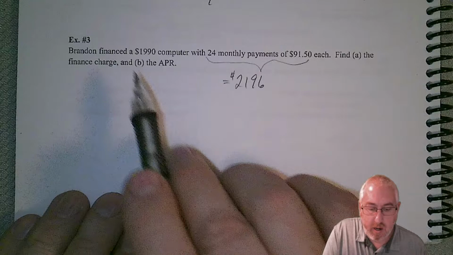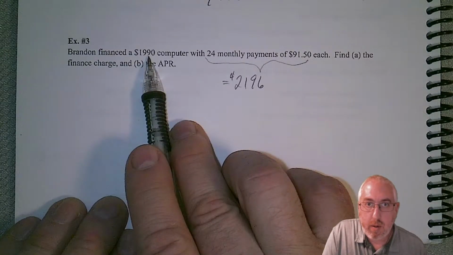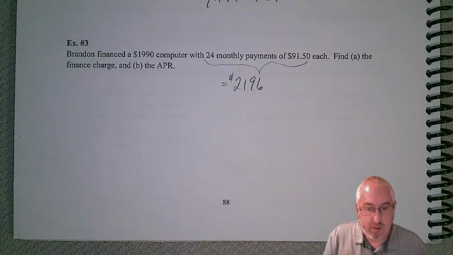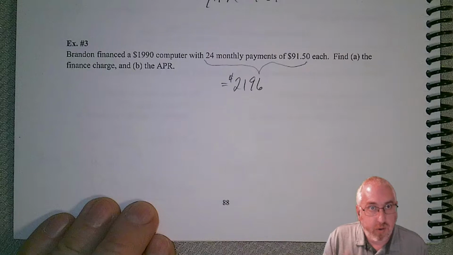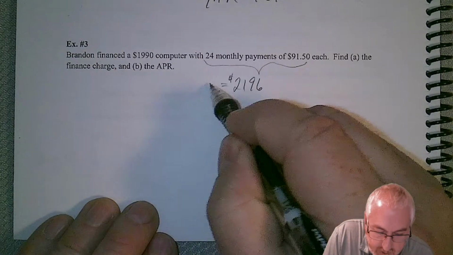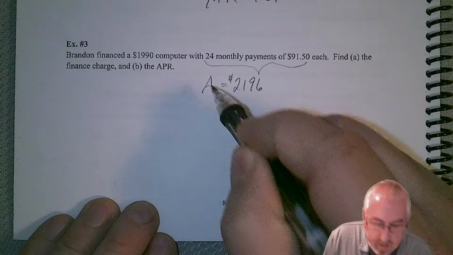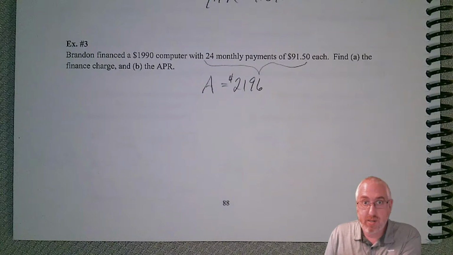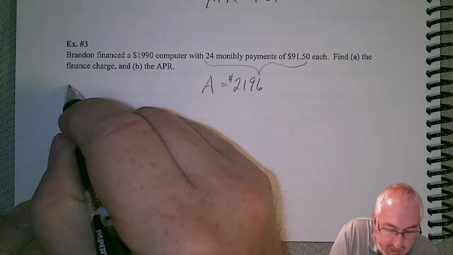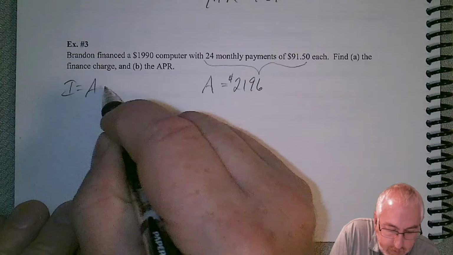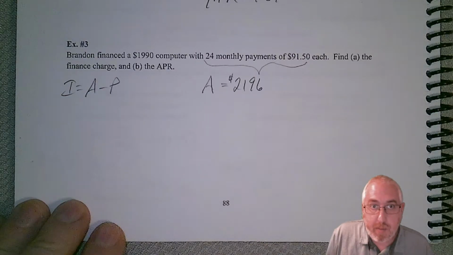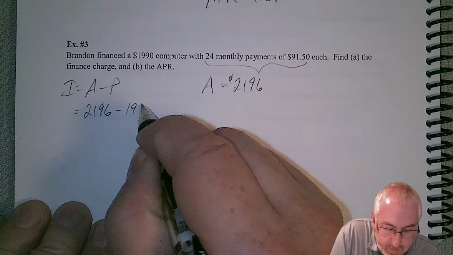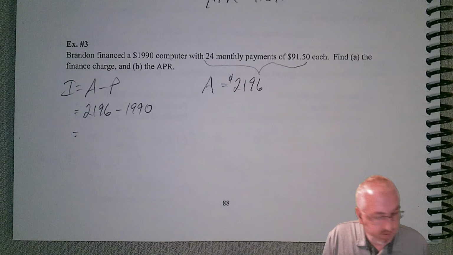So again, here's what he borrowed, but here's what he's paying back. So what was the relationship between those? The way to think of it, if you want to use your variables, this, remember, is A. That's the future value. That's how much he borrowed plus the interest. So if we want to find I, remember that other formula, A minus P. So all we need to do is subtract, and that will give us the interest.